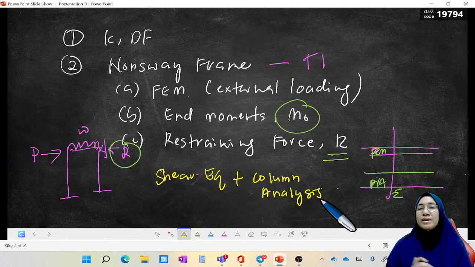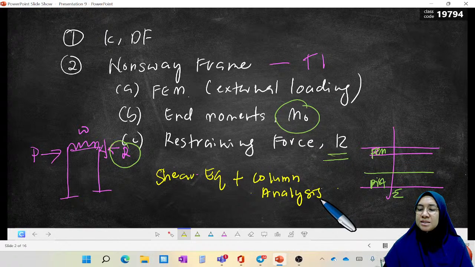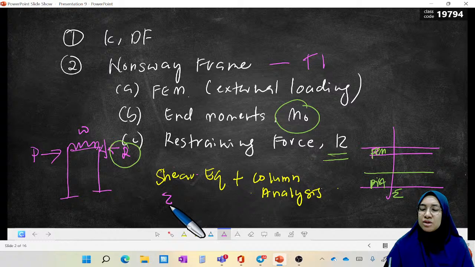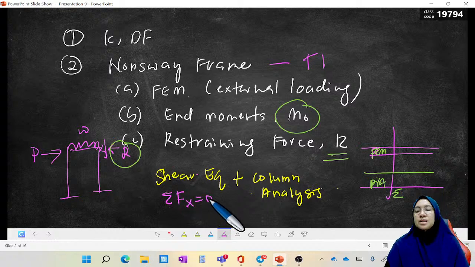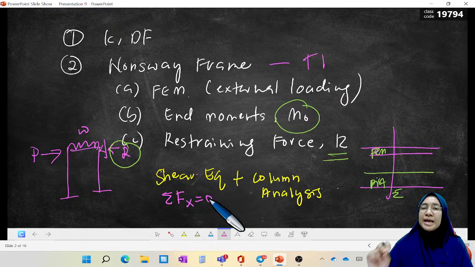That means we need to analyze column AB and column CD separately. Because what is shear analysis? Shear analysis is actually total Fx equal to 0. So we write one equation in order to calculate the R value.